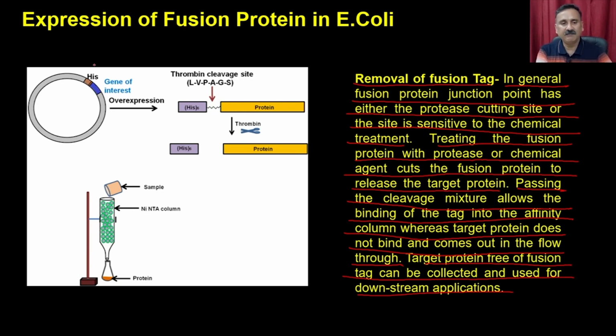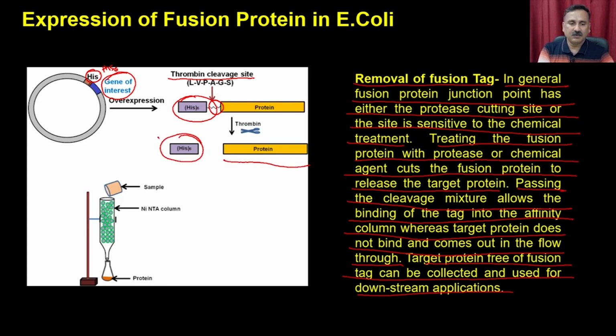So this is what you have. In this particular case, we are taking the example of the His tag. You have made a chimeric protein that has the His tag on one side and the protein of your interest on the other side. Then you can treat this with thrombin, because it has a thrombin cleavage site in between. Thrombin removes the His tag from the protein.